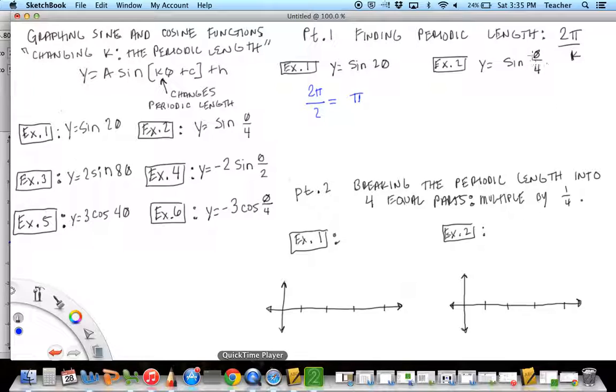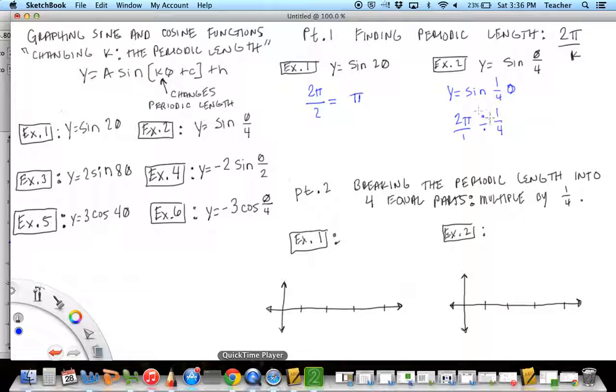Okay. Now this looks a little bit more complicated, but I could easily rewrite this as y equals sine 1/4 theta. So sine of 1/4 of the angle. Now we're in a predicament because we have a fraction over a fraction. But I'm going to rewrite this as 2 pi over 1 divided by 1/4.